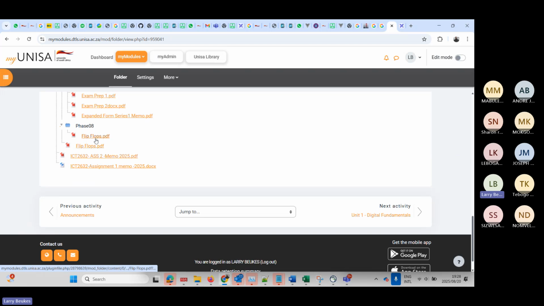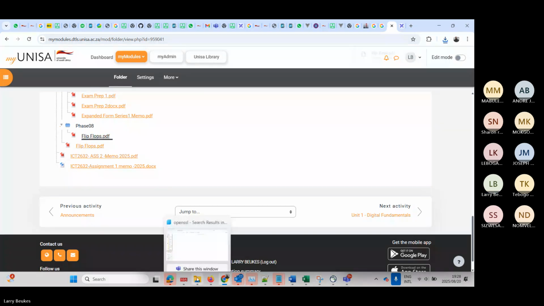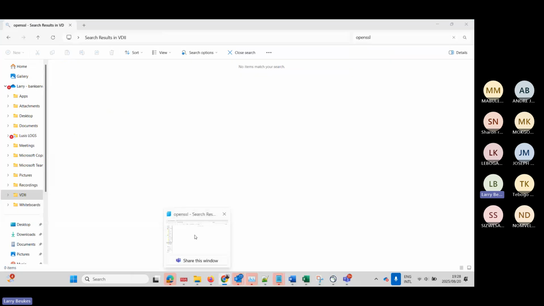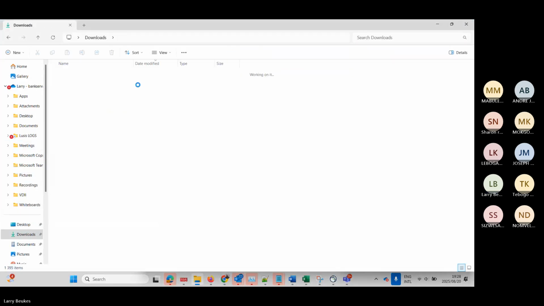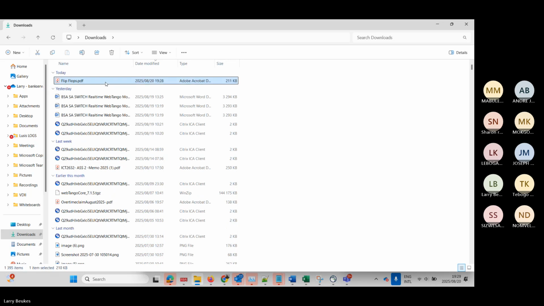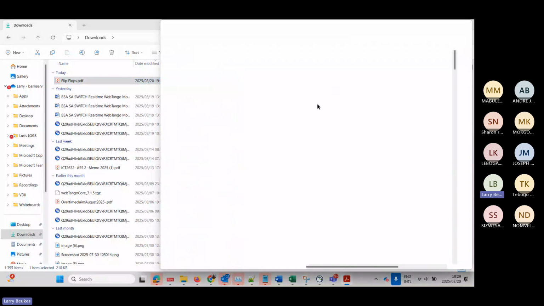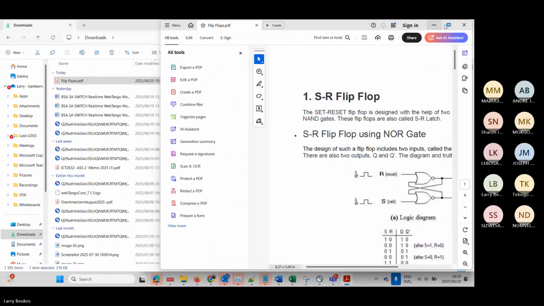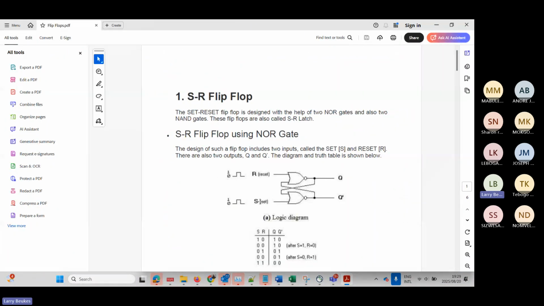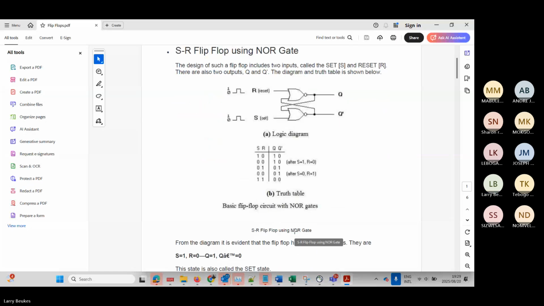It's in phase 8, for example. I just want to show you that I'm not lying. I know people think I'm lying. Okay, here it is. So you see all your marks are here.